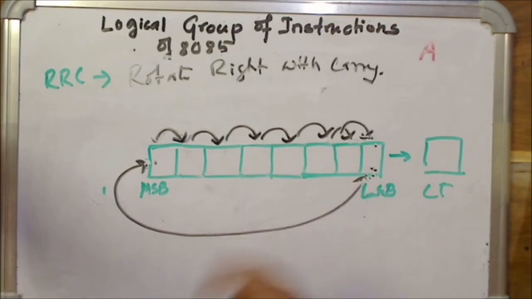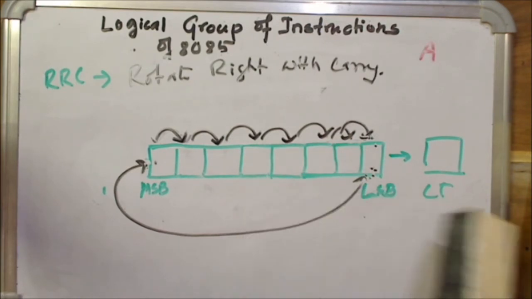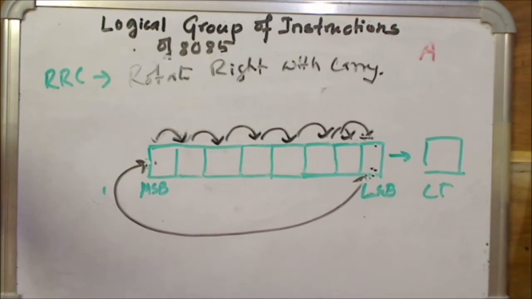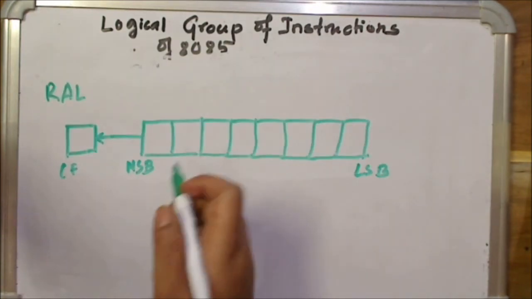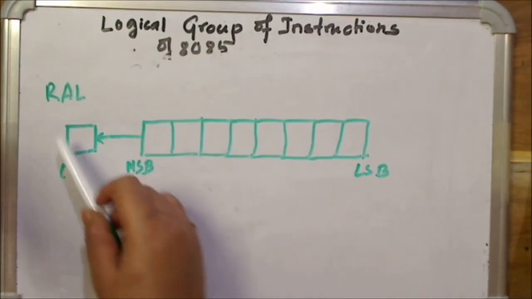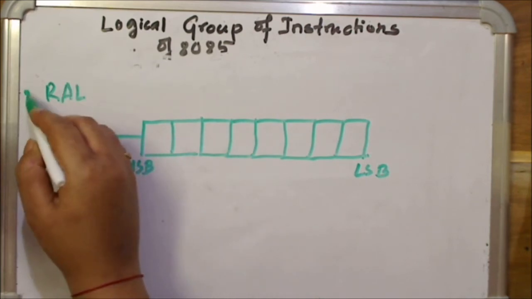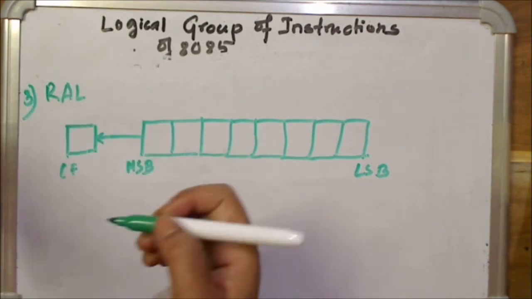Now we will see instructions which will take part in the rotation. Now the carry flag will act as a 9-bit register. So here we have the next instruction in the rotate group, RAL. What does RAL mean?